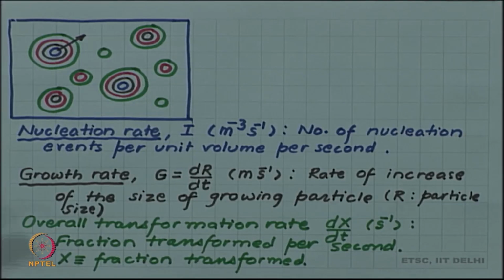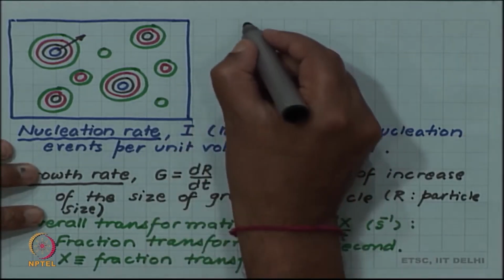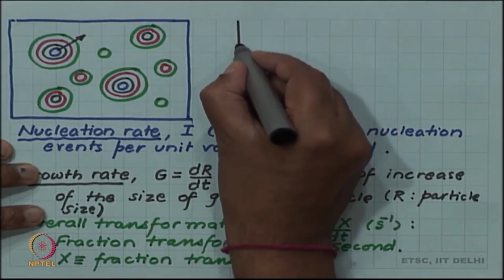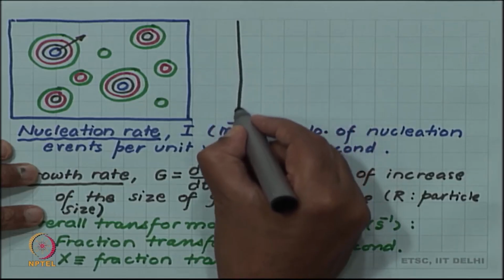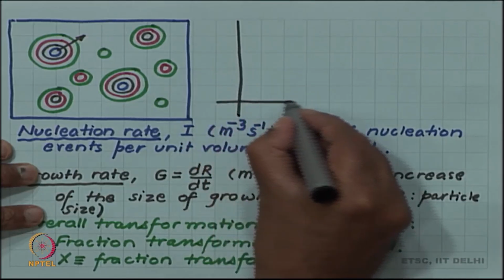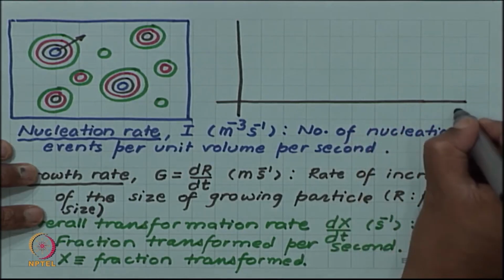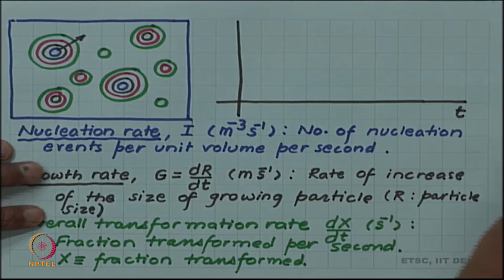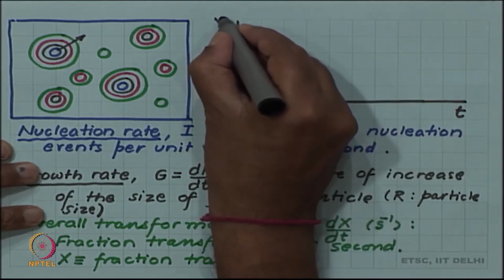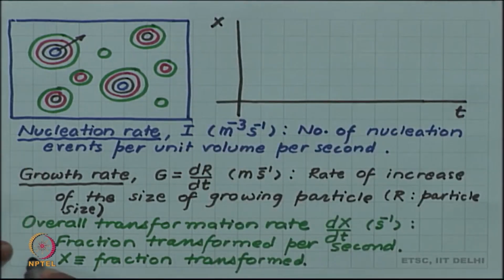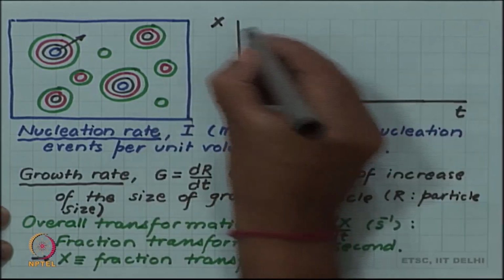So, if we now show these quantities as a function of time, let us say x axis is time and y axis is the fraction transformed x.